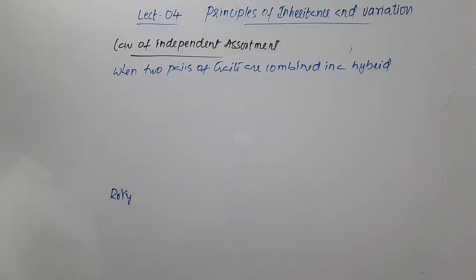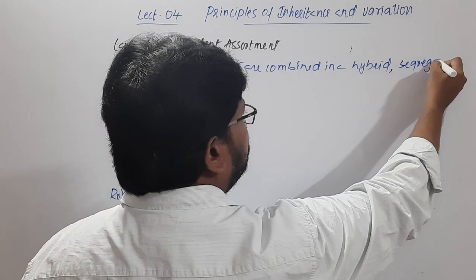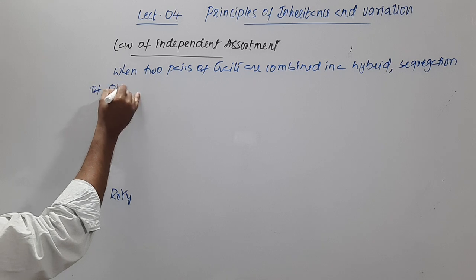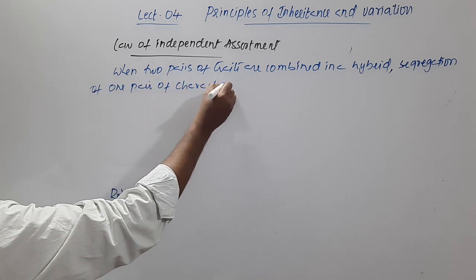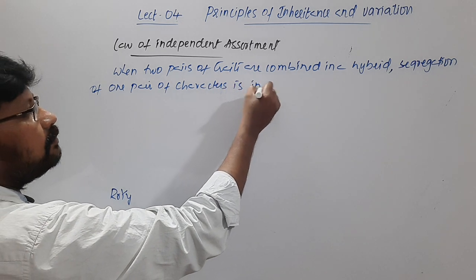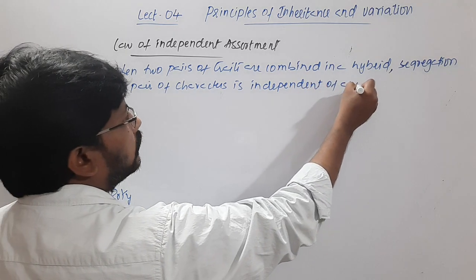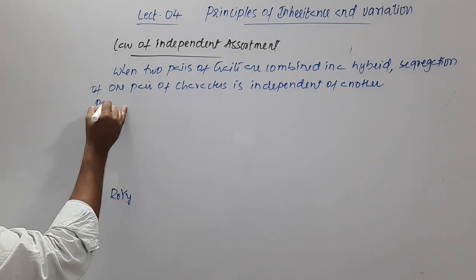When two pairs of traits are combined in a hybrid, then segregation, that is separation, of one pair of characters is independent of another pair.